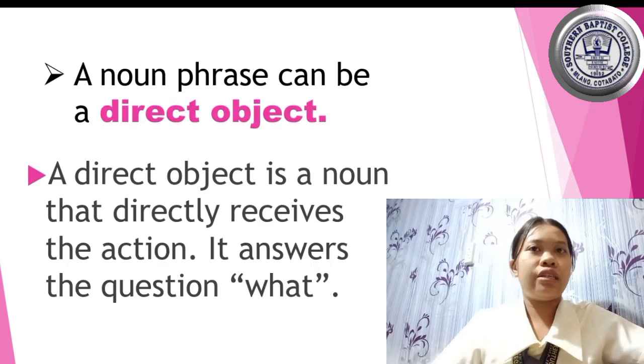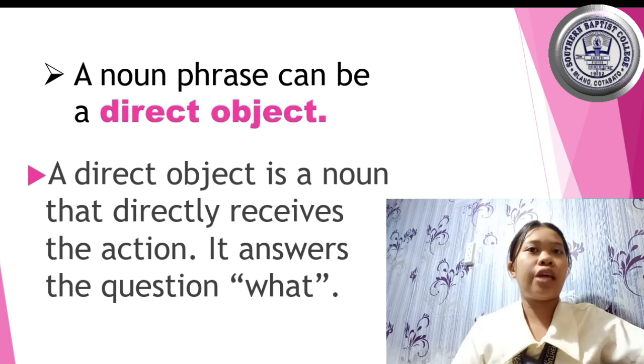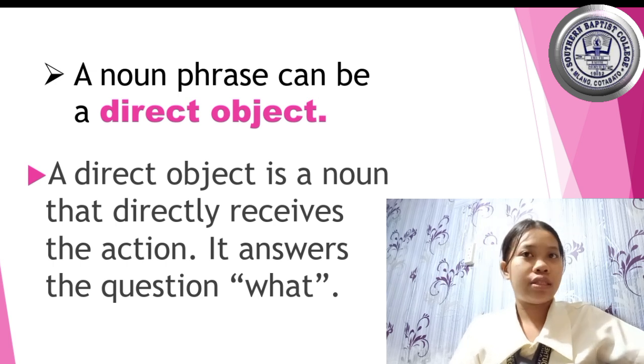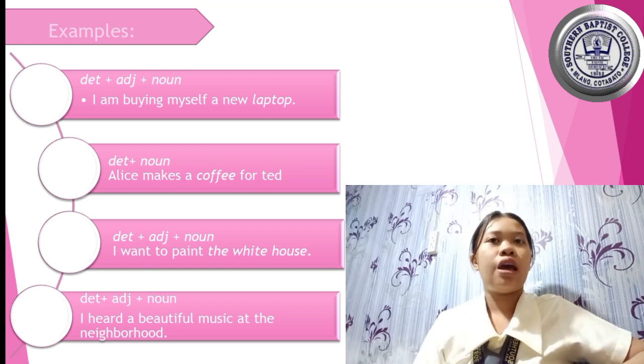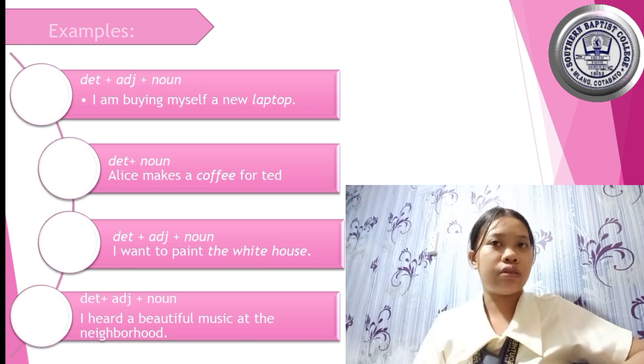For the second function, a noun phrase can be a direct object. A direct object is a noun that directly receives the action. It answers the question, what? Here are the examples. The first is, I am buying myself a new laptop. That's determiner plus adjective plus noun.